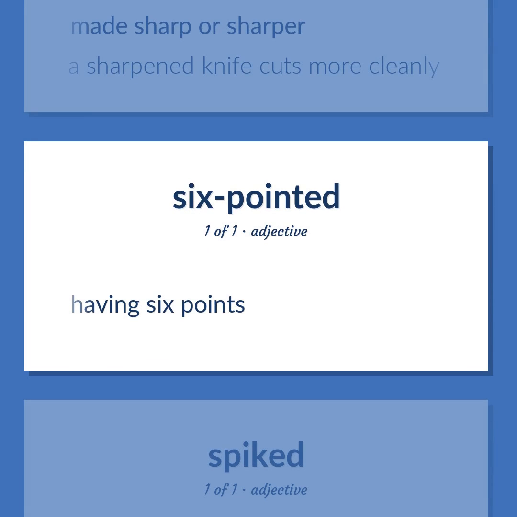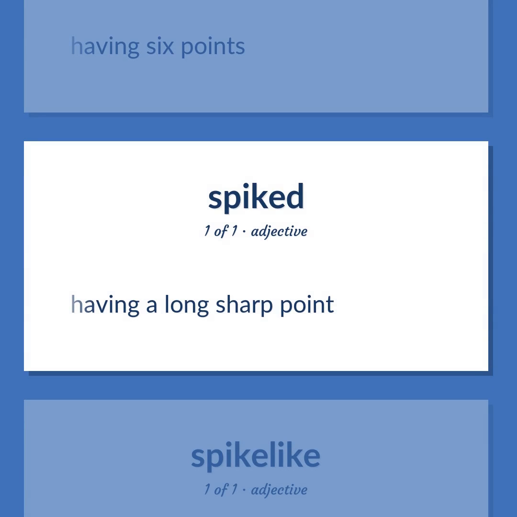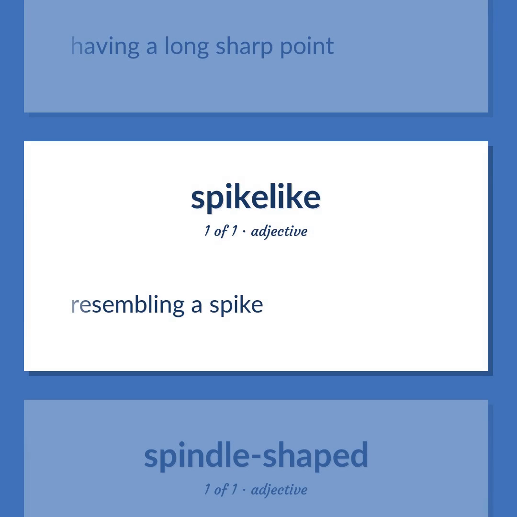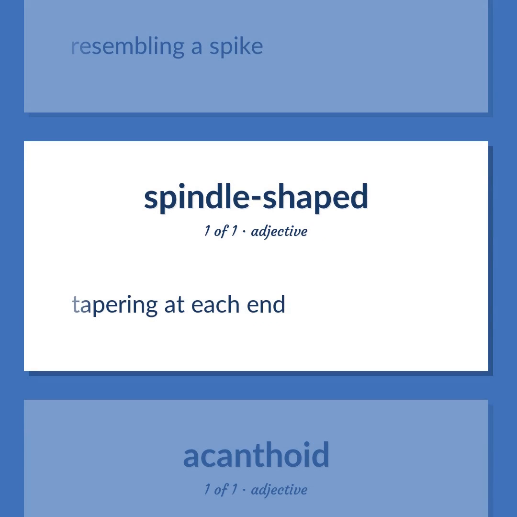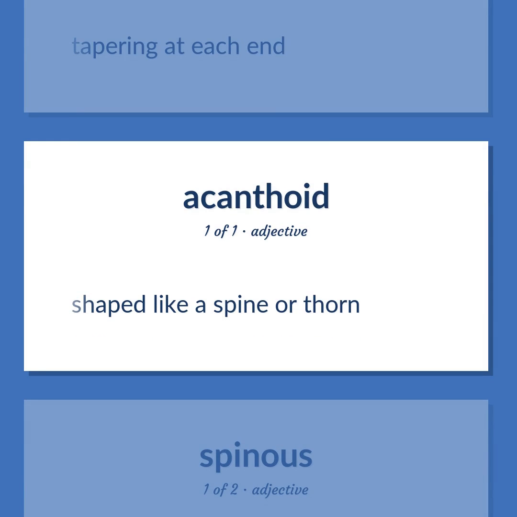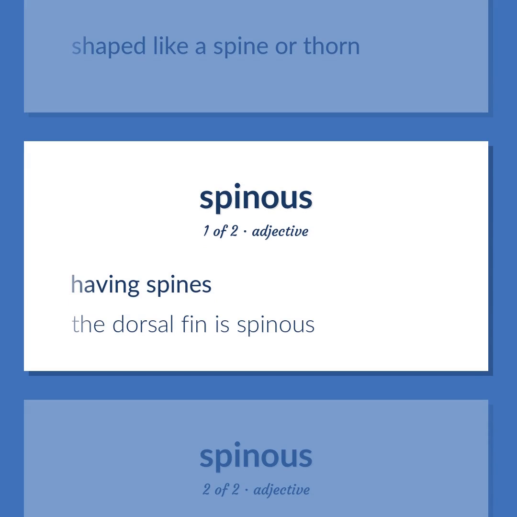Having 6 points. Having a long sharp point. Resembling a spike. Tapering at each end. Shaped like a spine or thorn. Having spines. The dorsal fin is spinous.